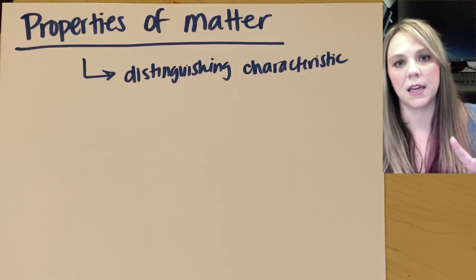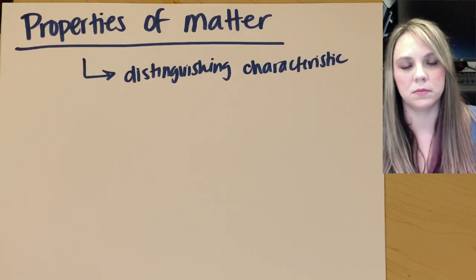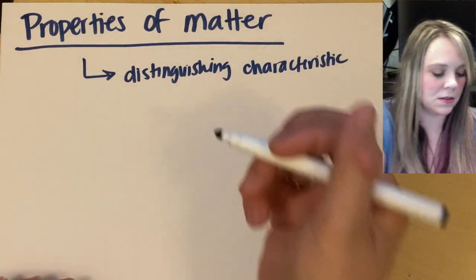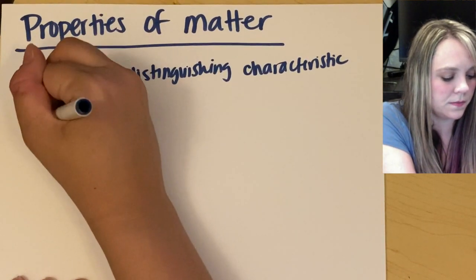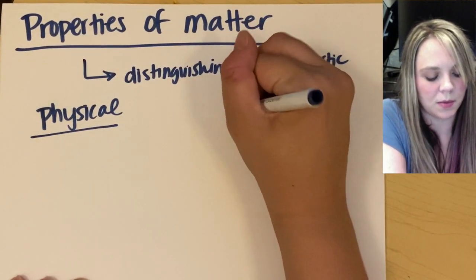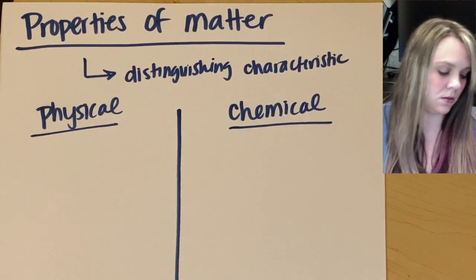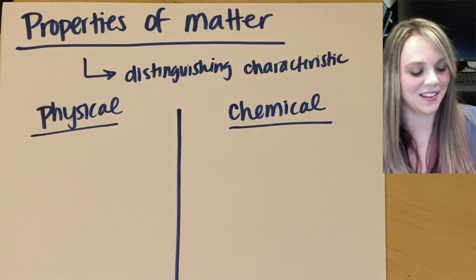There are 2 main branches of properties. You have your physical properties and you have your chemical properties. Oh goodness, we'll try and see if we can fit everything on this page.